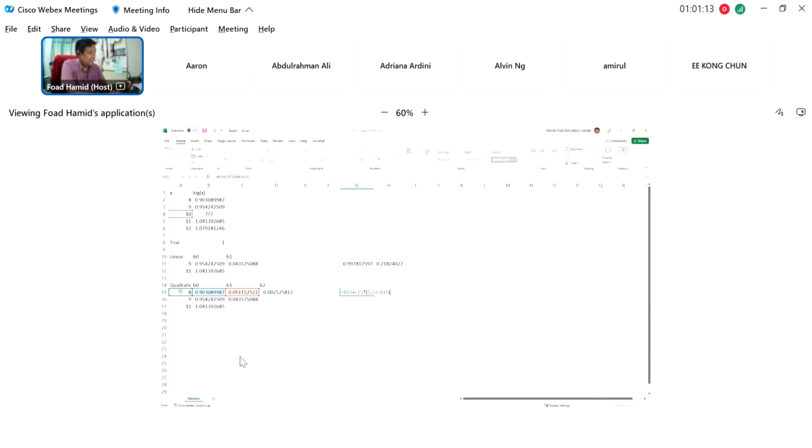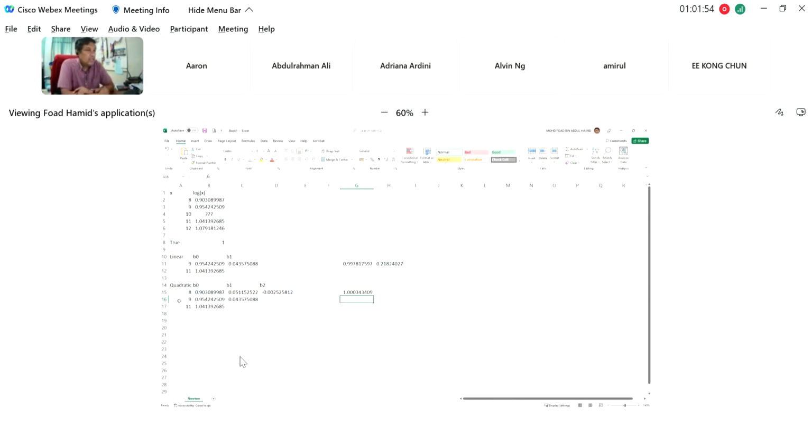And then plus b2 times (A4 here, which is 10, minus this) times (10 minus this).